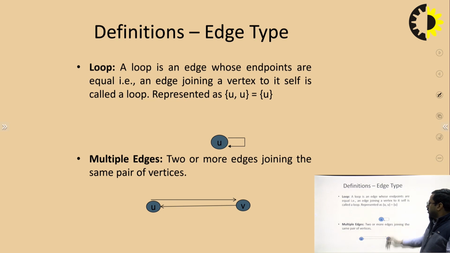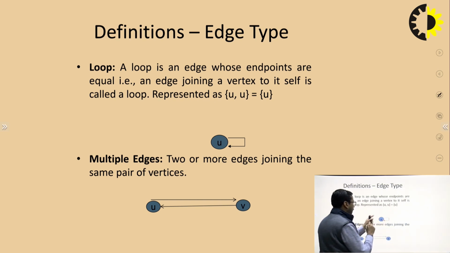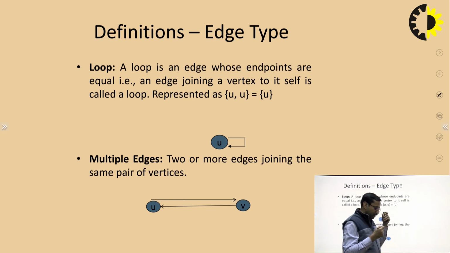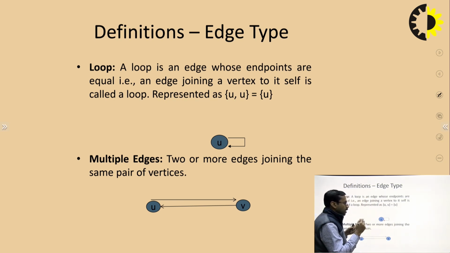That means if the starting point is a node or vertex u, and the end point is also u. In a directed graph, if we start a connection from a vertex u and the last point is also u, we can say it is a loop structure.